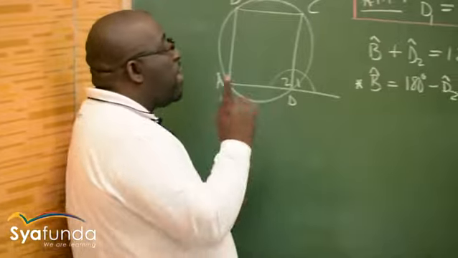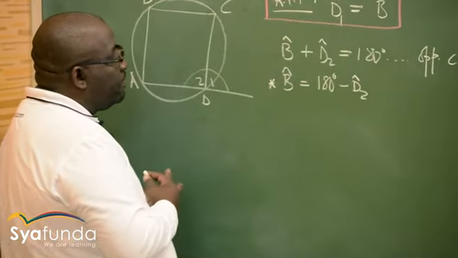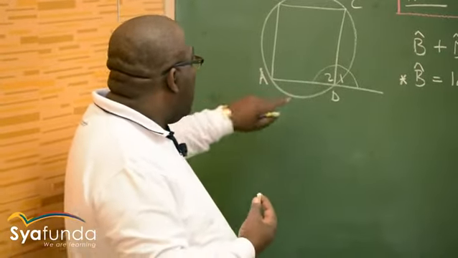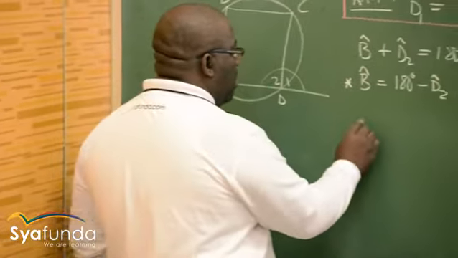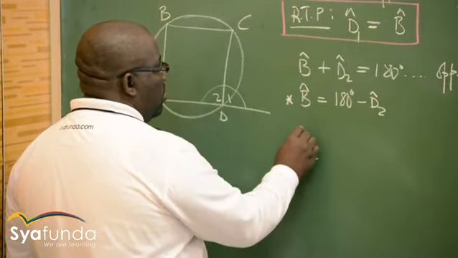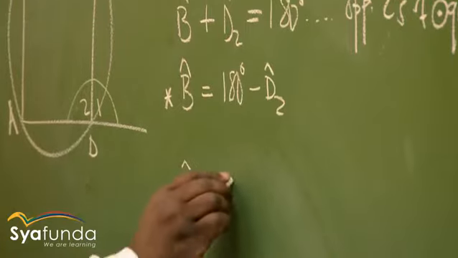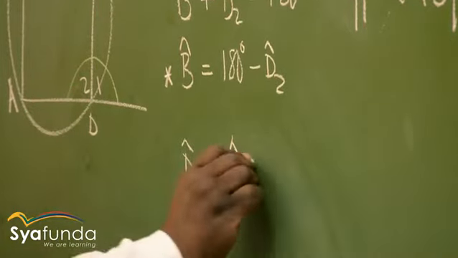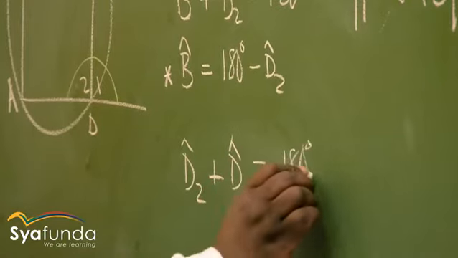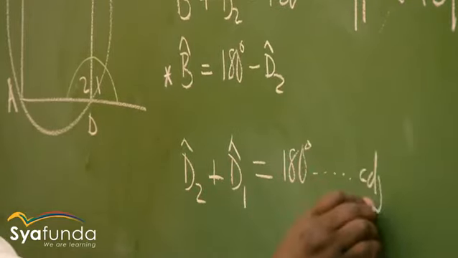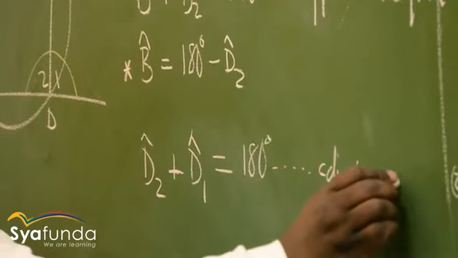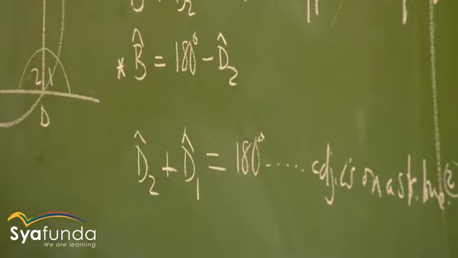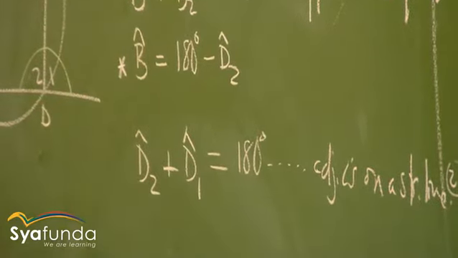In this case, angle D2 plus angle D1, these two angles, is equal to 180 degrees. Reason: adjacent angles on a straight line. The sum of the adjacent angles on a straight line is supplementary.